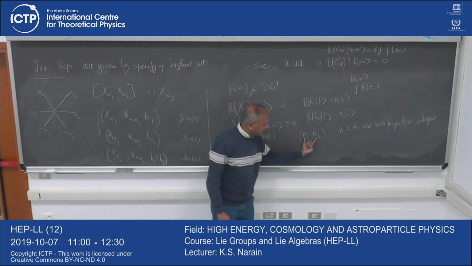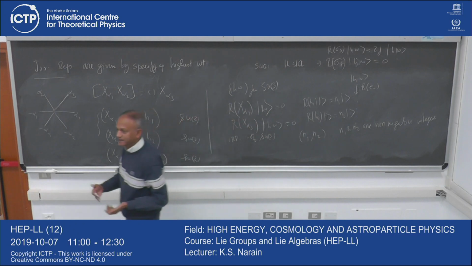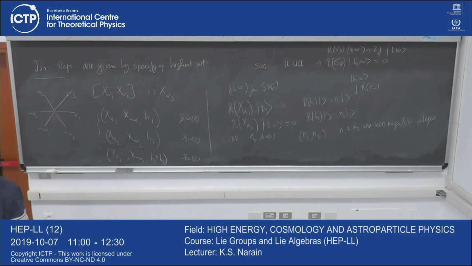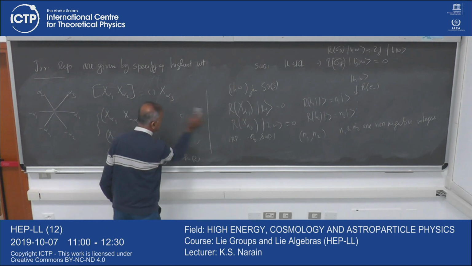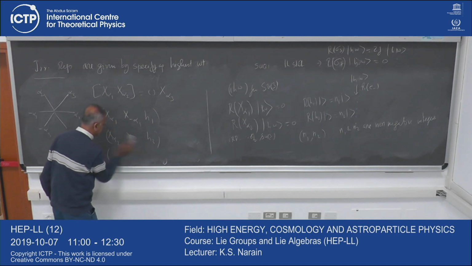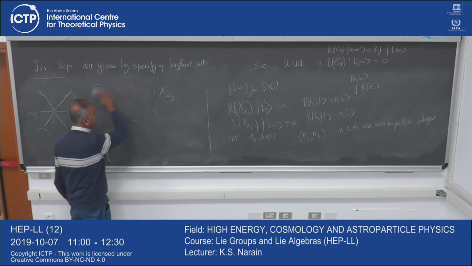Now, once you have that, we can start constructing all the other states, right? Just like in the SU2 case, from there we started applying the lowering operator to get all the other states in that representation. And the same thing we try to do here. So let's just try. I'm not sure what examples I did. I think I gave you the fundamental representation.